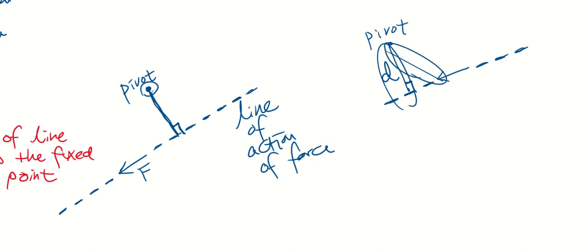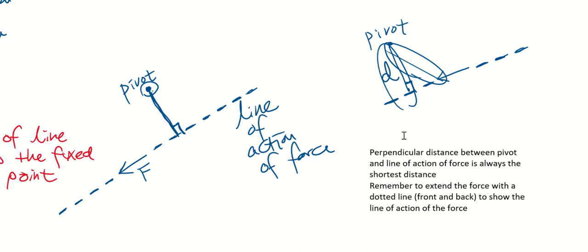So your perpendicular distance is always the shortest distance between the pivot and the force. Let me type it for you: the perpendicular distance between the pivot and the line of action of the force is always the shortest distance. So please remember to extend the force with a dotted line front and back to show the line of action of the force.